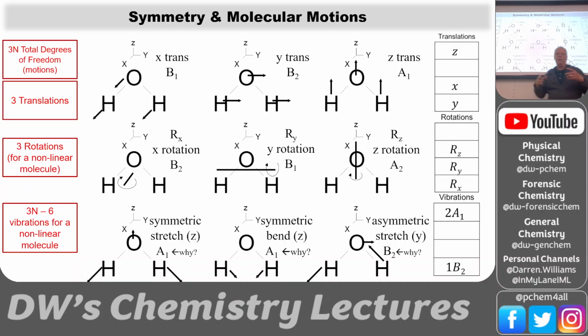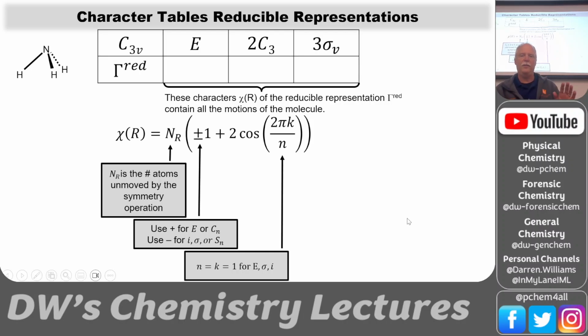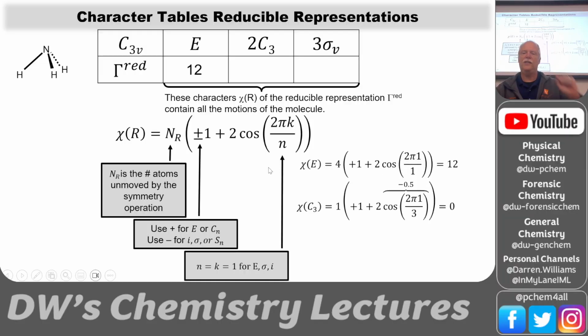Now, in the notes, you have an example of ammonia going through. We're out of time, but let me just run through the slides so it'll be in the video. So we do the same thing for E. We have 4 atoms unmoved. Do the cosine business, you get 12. For the C3, notice N equals 3 here.